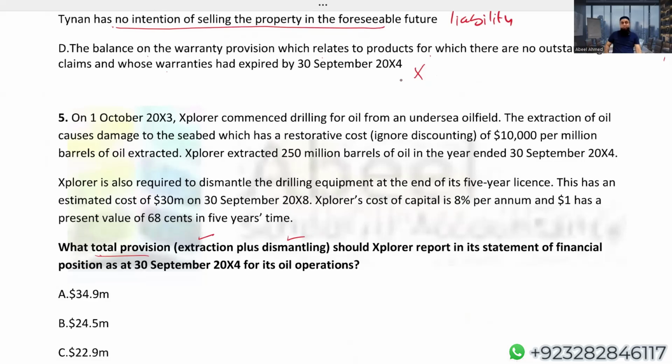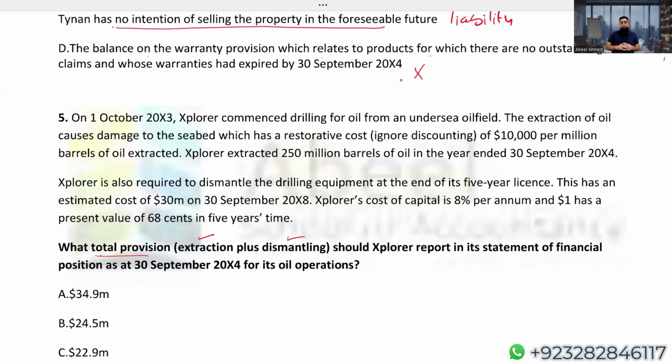If you recall the concept of dismantling, for example, I have installed a property, plant and equipment, and at the end of the useful life of that asset, the government has informed me, or I have the policy, that whenever we invest in such property, plant and equipment, at the end of its useful life we have the history of dismantling it. Either it can be a legal obligation or a constructive obligation.